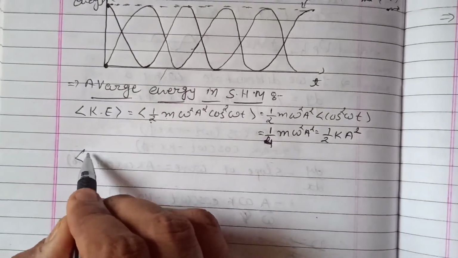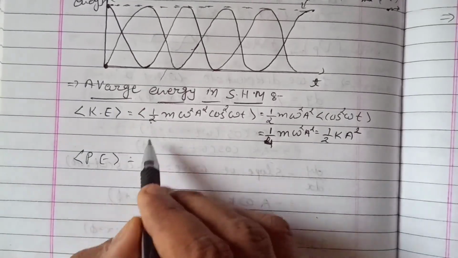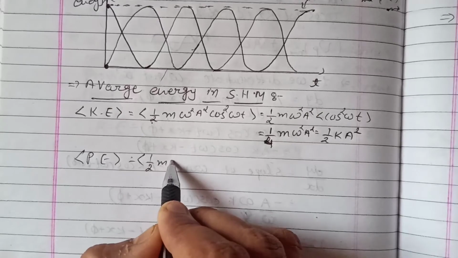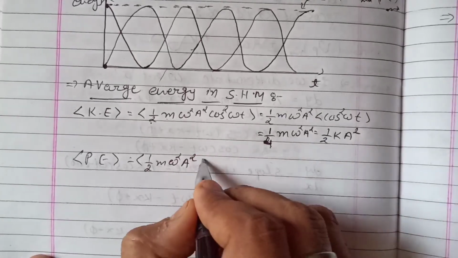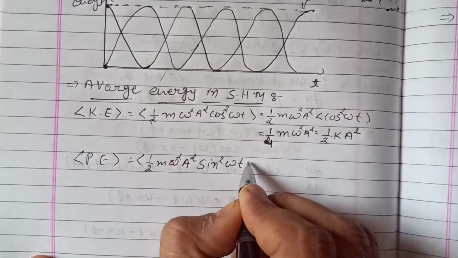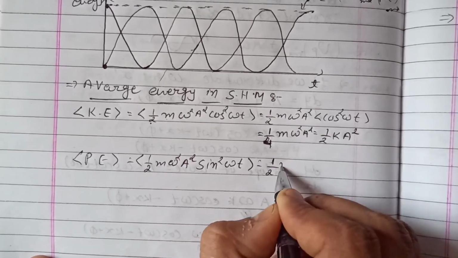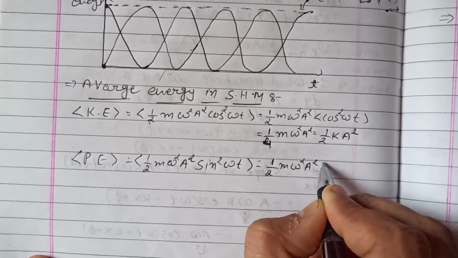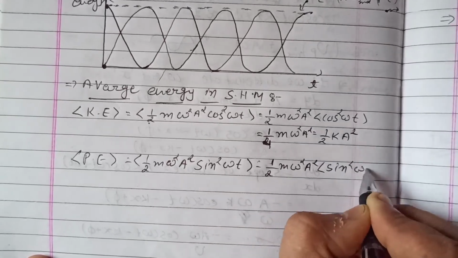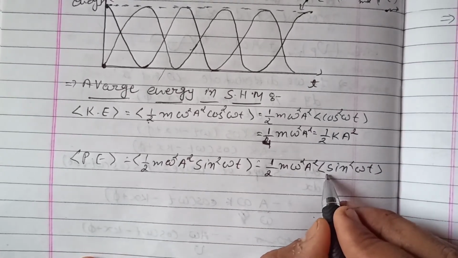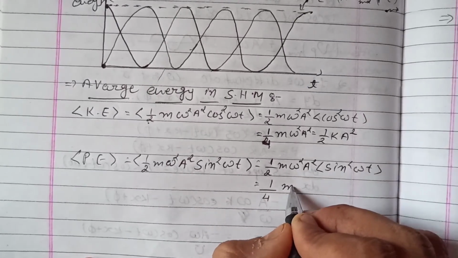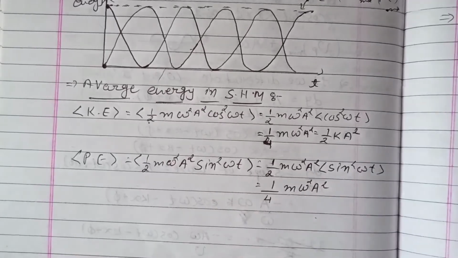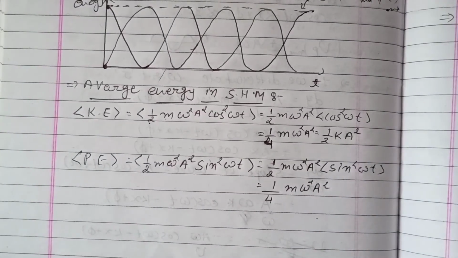Now the average of potential energy, this is very simple. It is also 1/2 m omega square a square sin square omega t. The average of sin square omega t is 1/4.